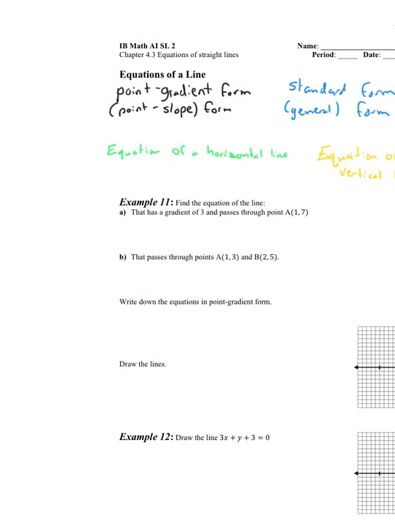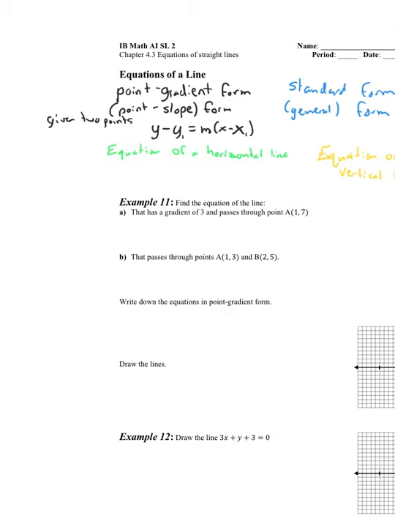So if you're given 2 points, you can do y minus y sub 1 equals slope times x minus x sub 1. That's point slope form. We don't use it a lot, but it's really useful if I give you 2 points on a graph. You can find the slope, and then you can write an equation pretty quickly for it.